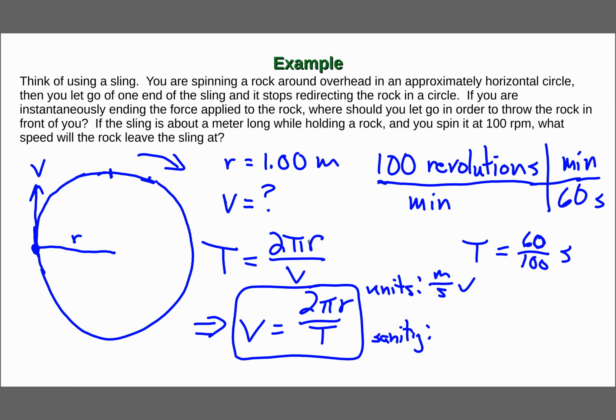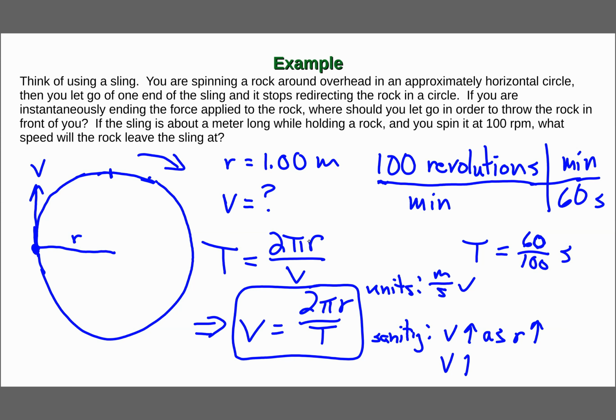Sanity check: if we have a longer arm, if we have a longer sling here, then v goes up as r goes up. Okay? So if I want to travel in a bigger circle in the same amount of time, so if my period doesn't change and I travel in a bigger circle, I have to go faster, right? Because I have to go farther in the same amount of time.